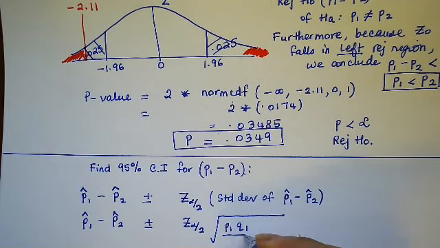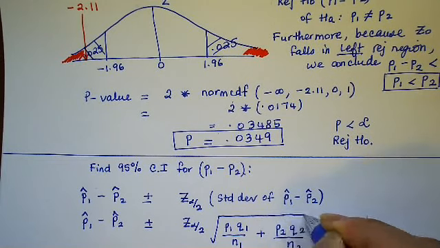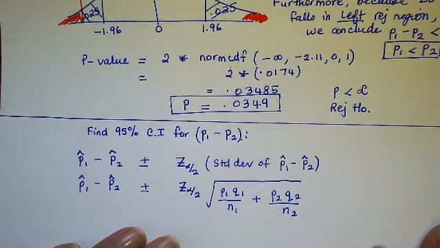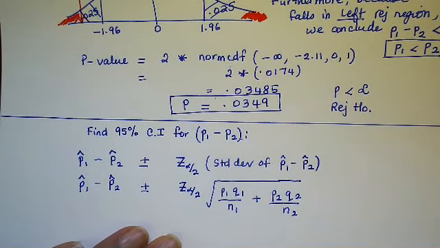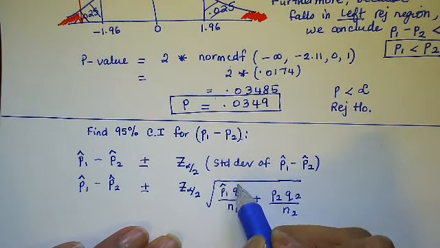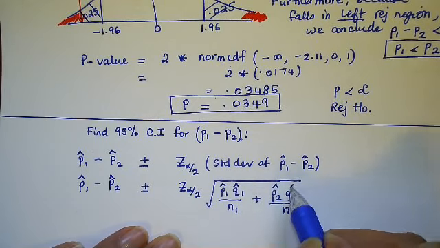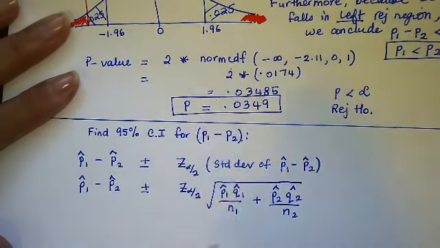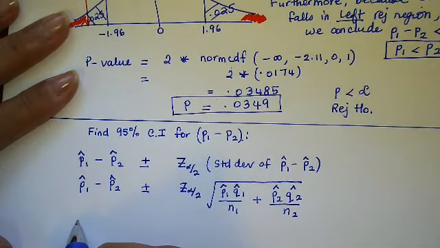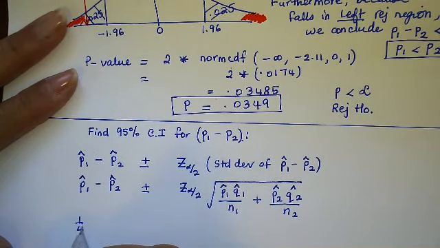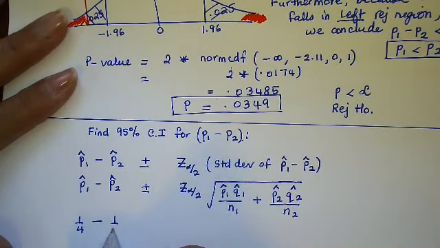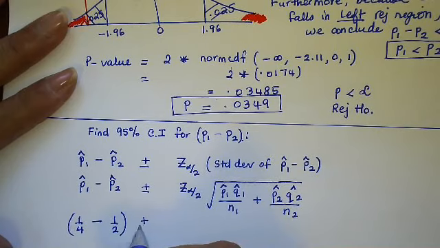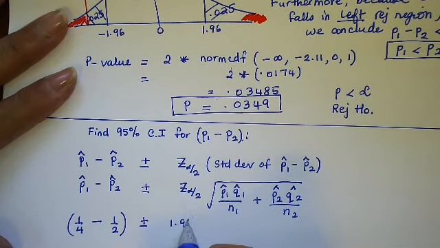So this would be P1 hat minus P2 hat plus or minus Z alpha over 2 times the square root of P1 Q1 over N1 plus P2 Q2 over N2. And since we don't know what P1 and Q1 and P2 and Q2 are, the best we can do is use the sample proportions that we got from our matrix.